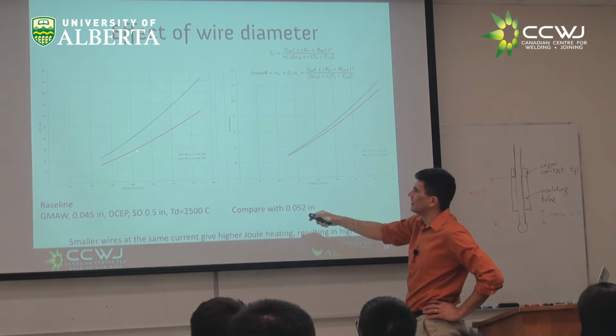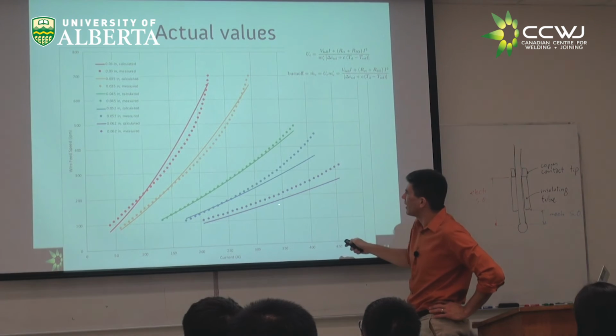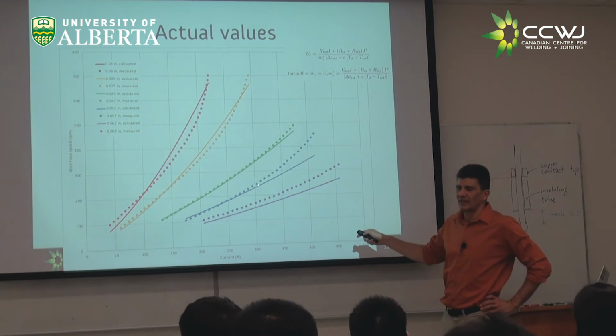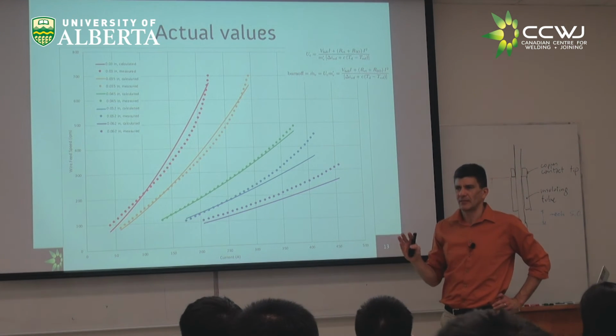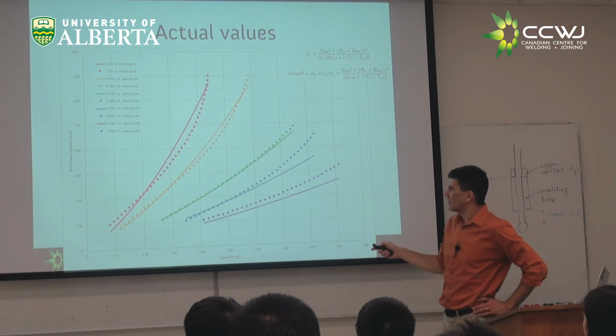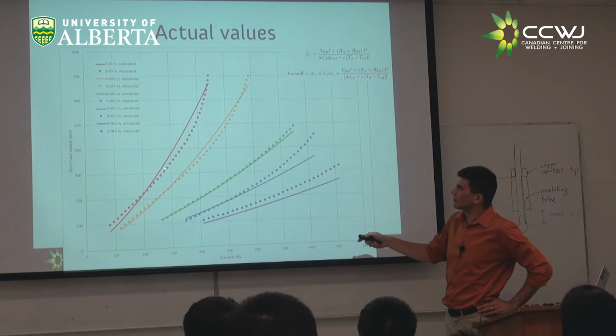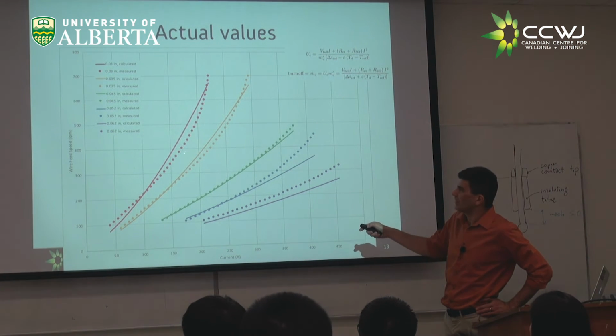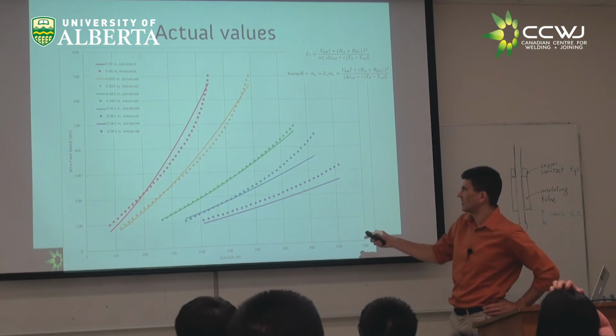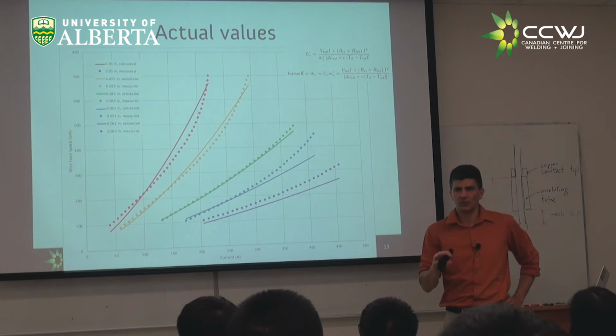We see that here, and that's the reason why we have this big spread. This is related to the mass of the wire. Thin wires have little mass, so you have to feed them very fast. Thick wires have lots of mass, so you feed them slowly.